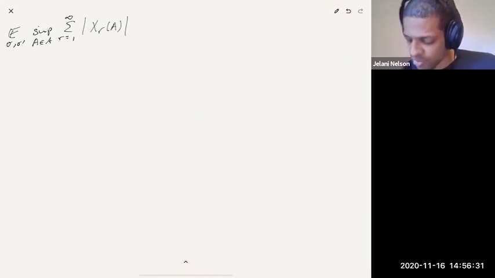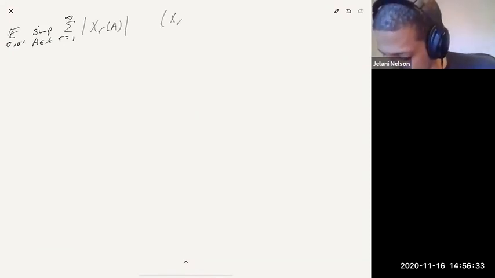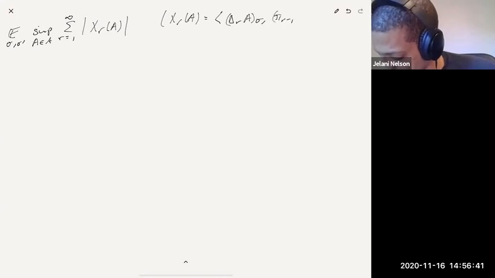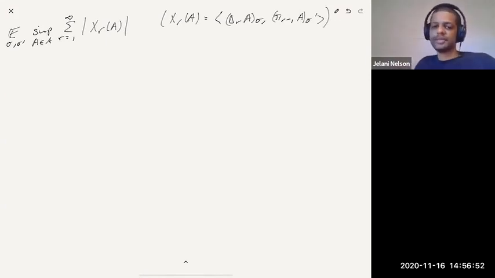And just a reminder of what X_rA is. X_rA is equal to delta_rA applied to sigma, dotted with pi_{r-1}A applied to sigma prime.